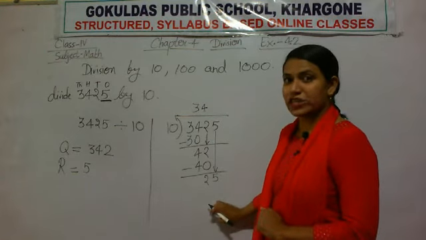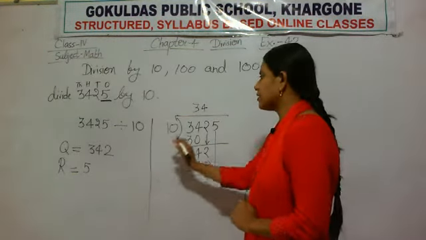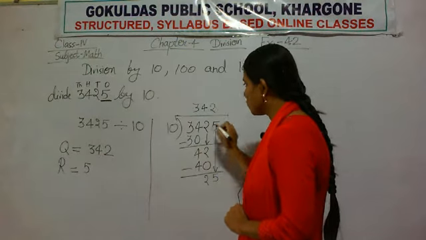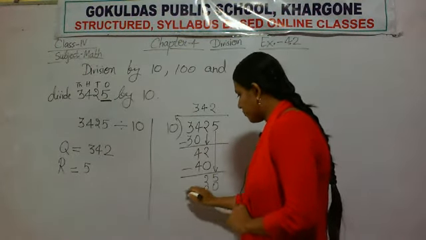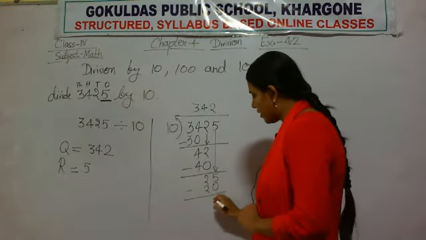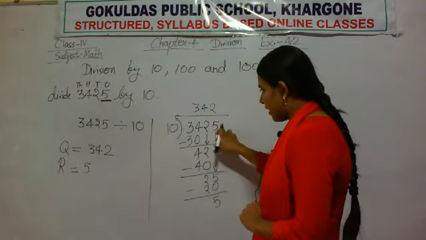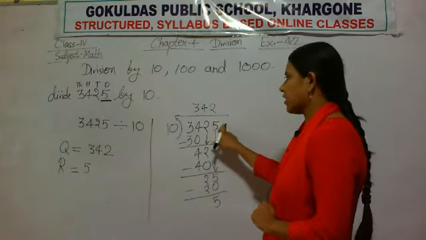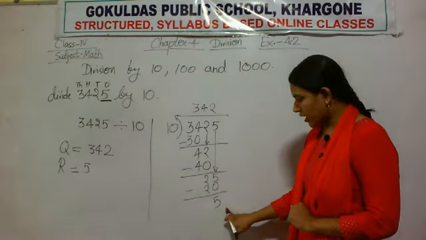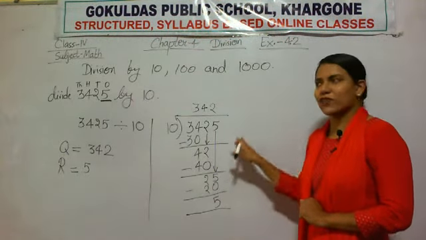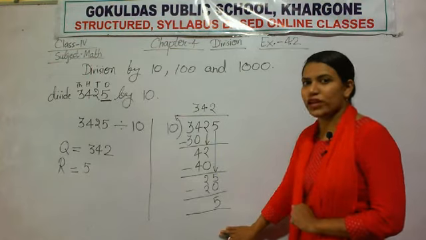Now your new number is 25. Now 10 2s are 20. Now 25 minus 20, 5 is left and we cannot bring down any digits as the digits in the given number are over. So here 5 is our remainder. We will stop the division process over here.